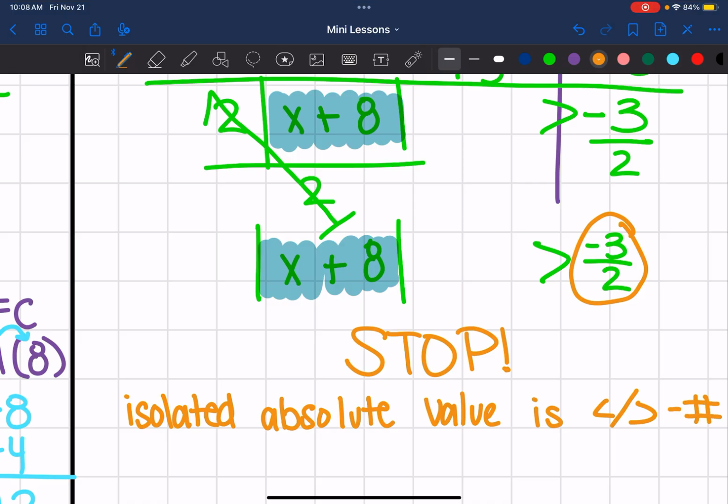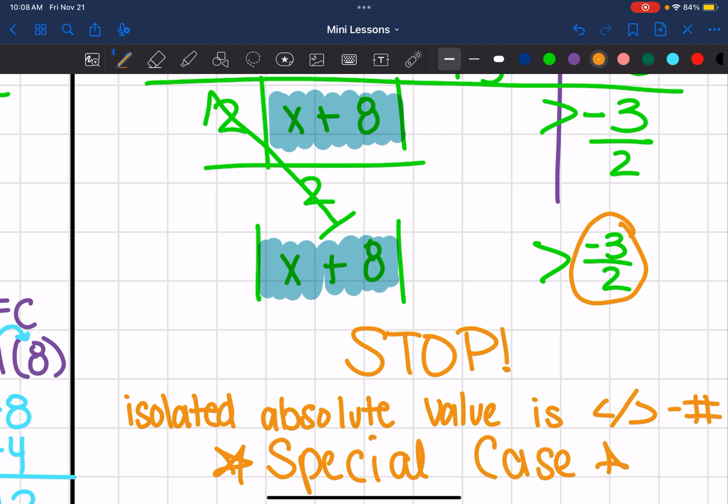So that is why we are stopping. Now, when we are stopped like this, it is a special case. So, special case. And let's look at the notes to see what type of special case we're dealing with. We are looking at a greater than negative number. So we're looking at a greater than negative number.